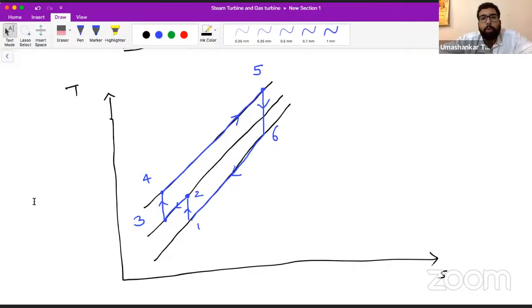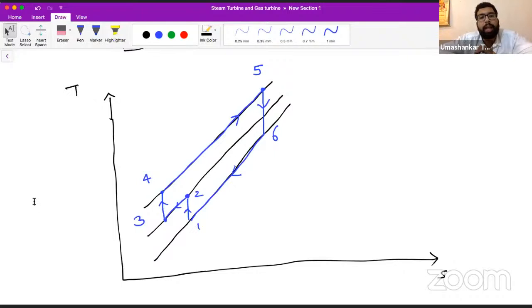Okay, and then 4 to 5 constant pressure heat addition is happening, so that temperature and entropy both are increasing in the combustion chamber, as usually happens, and we reach the point 5. Then from 5 to 6, what will happen? Isentropic expansion will be there, so we'll reach point 6.